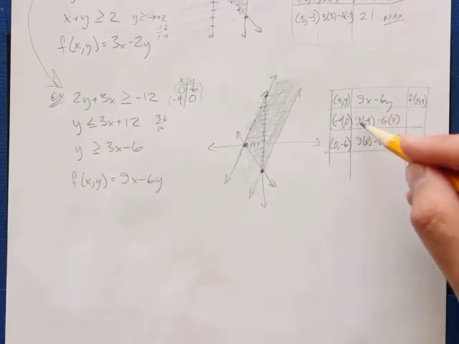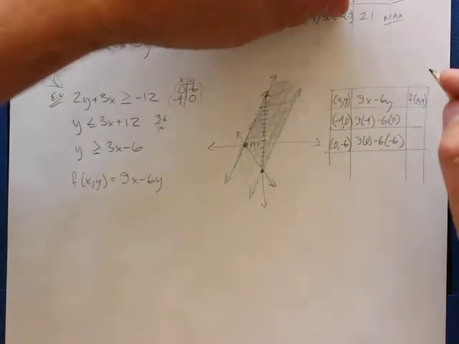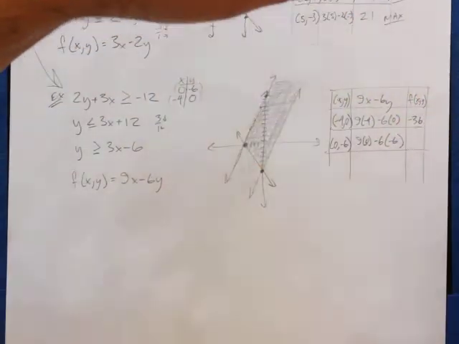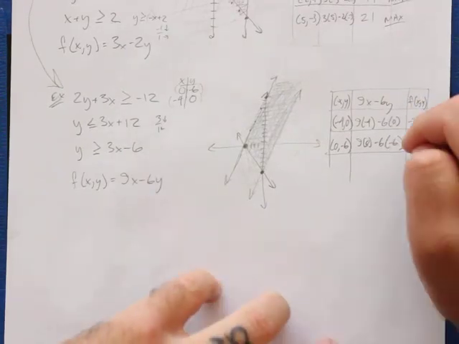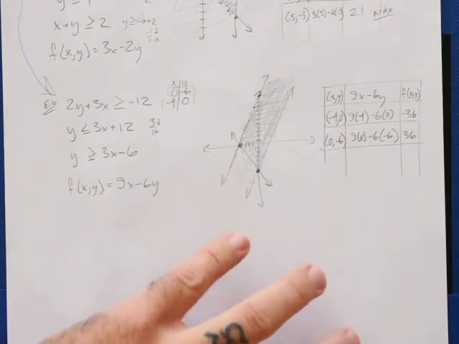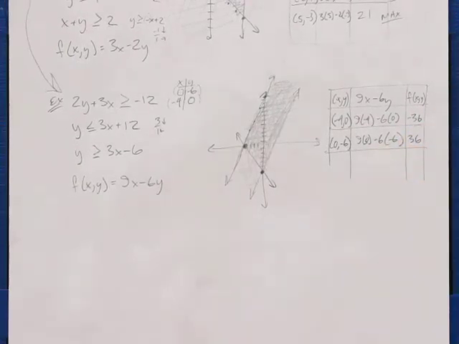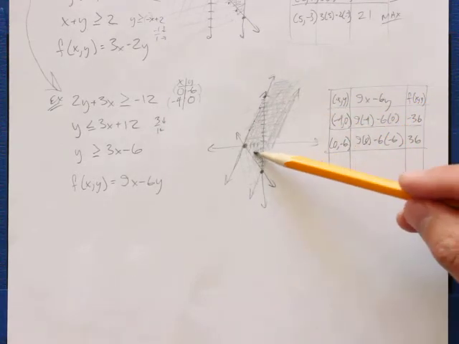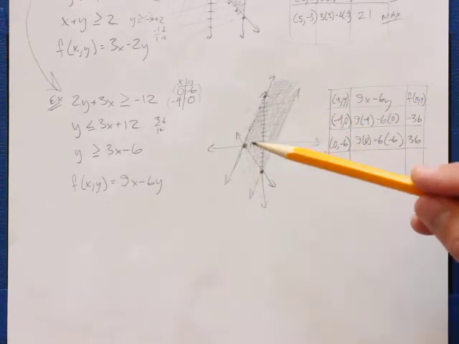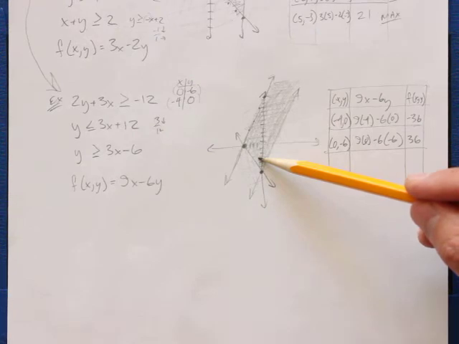Okay, so 9 times -4 is -36. And this becomes 0. Negative 6 times negative 6 is positive 36. Okay, so this area would be called my minimum value.